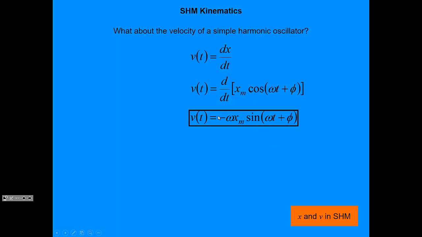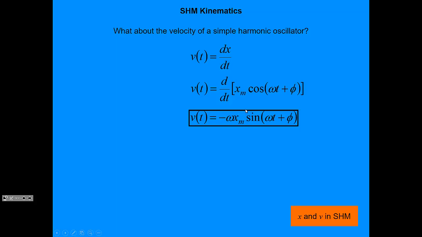Now, this expression out in front is important, because the velocity function is going to vary as the sine of omega t plus phi varies. But the sine function always oscillates between negative 1 and positive 1. So a maximum sine is going to be a negative 1 or a positive 1. Negative 1 or positive 1 times this gives us our maximum velocity.